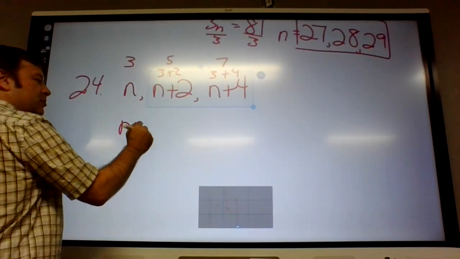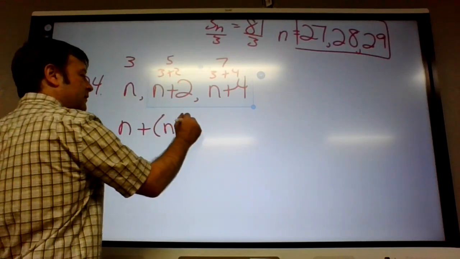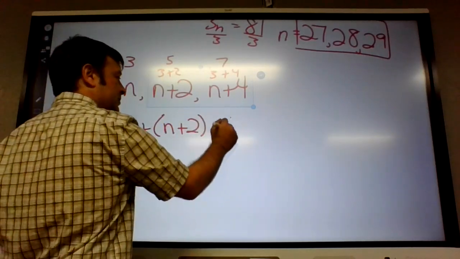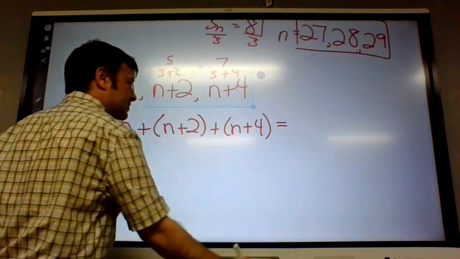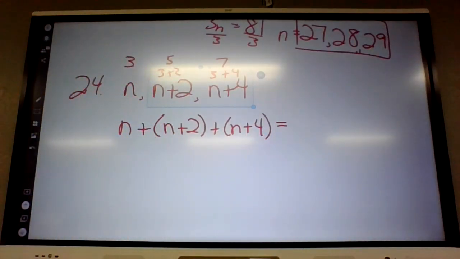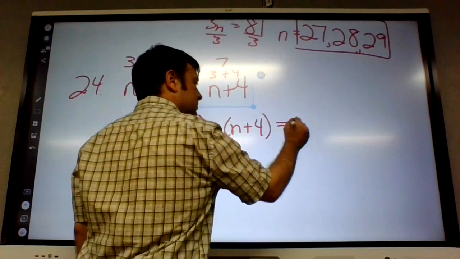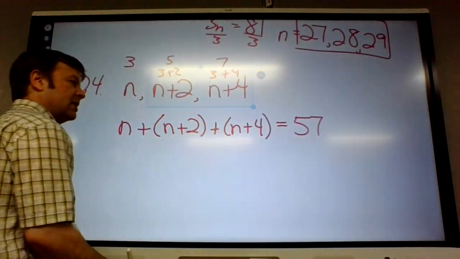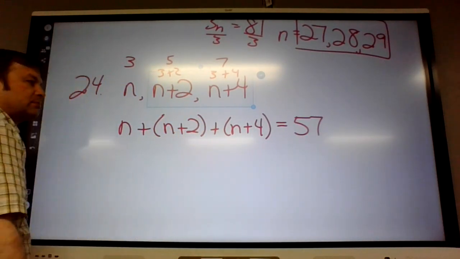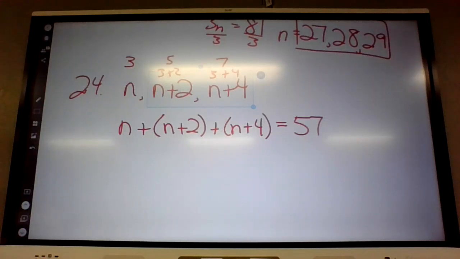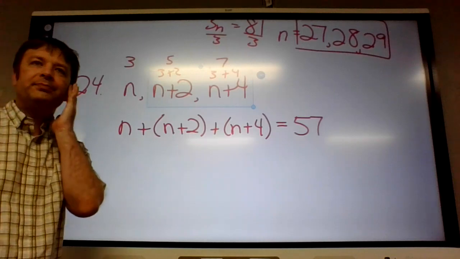So, the sum of 3 consecutive odd integers is 57. Okay, and then that's where I'm going to stop.